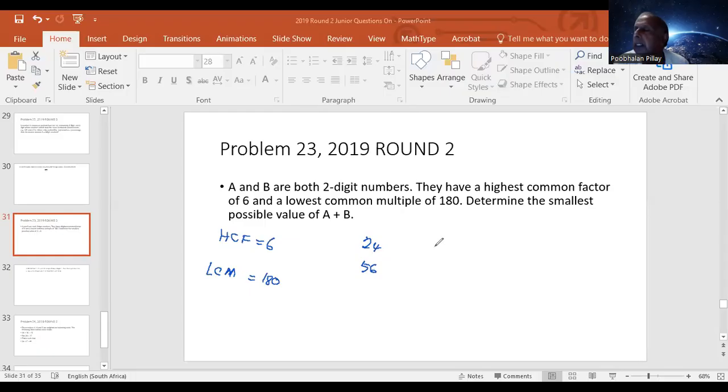How do you find the LCM and the HCF of these numbers? If you remember, you factorize it: 24 is 2 times 2 times 2 times 3, which is 8 times 3. And 56 is 8 times 7.